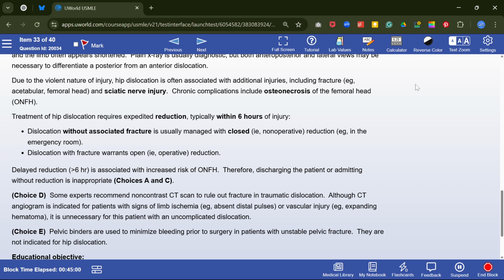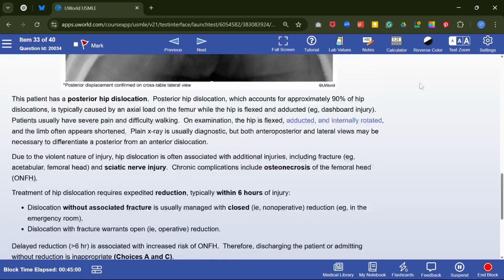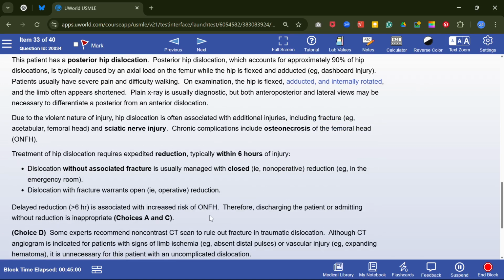Delayed reduction more than 6 hours is associated with increased risk of osteonecrosis of the femoral head, and therefore discharging the patient or admitting without reduction is inappropriate.